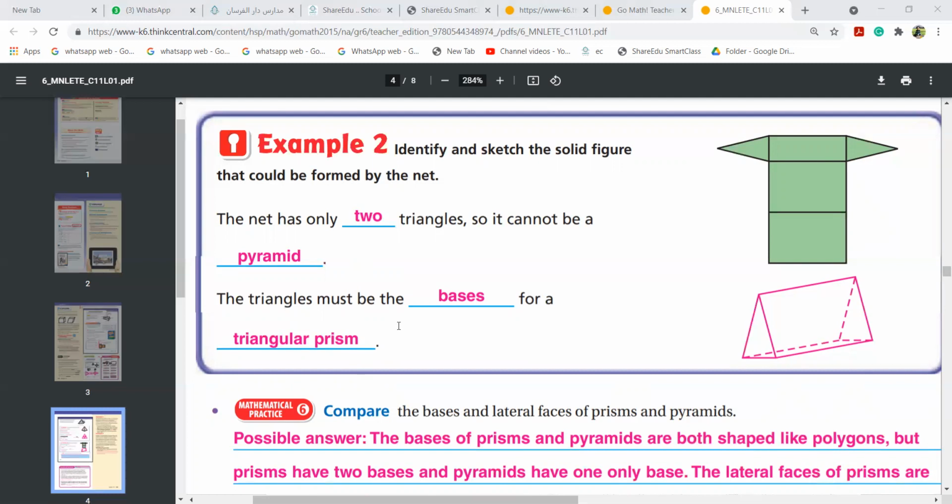If the bases are not triangles, you cannot call it a triangular prism, because the bases here are rectangles and the lateral sides are triangles. It cannot be a pyramid. This example, to finish it, you won't write.